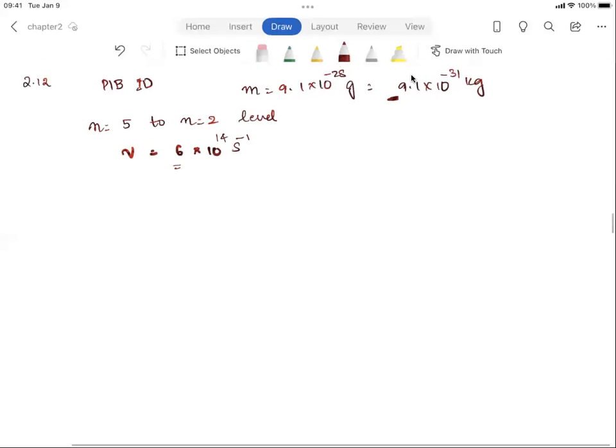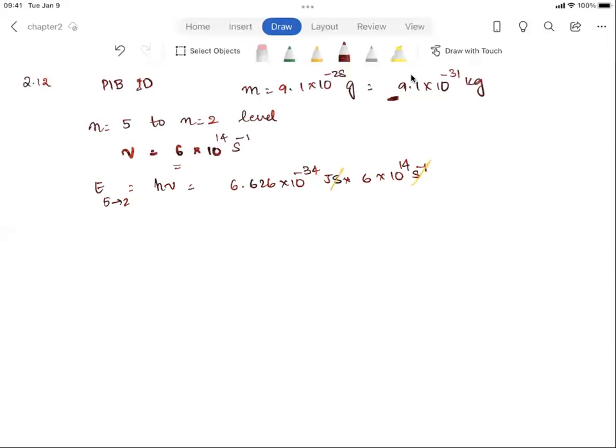So we know the frequency of the photon that's emitted, right? When we know the frequency, we can compute the energy related to this transition. That would be h nu. So 6.626 times 10 to the negative 34 joule second times 6 times 10 to the 14 per second.